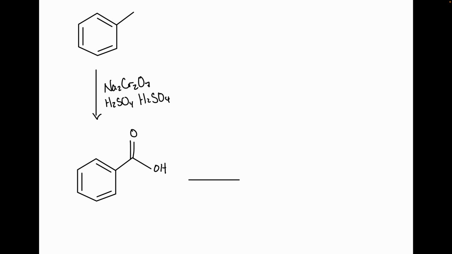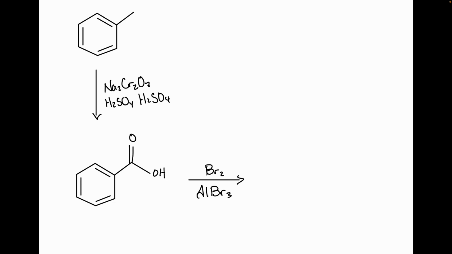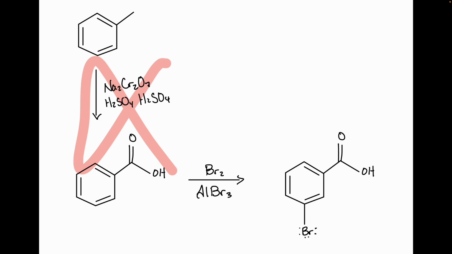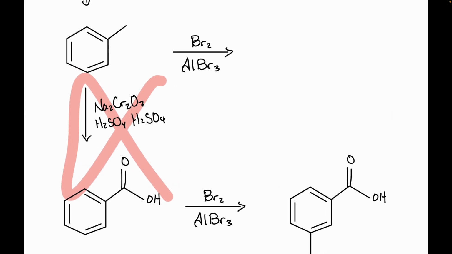Well, now, if I did my bromination reaction, where would that incoming bromine be directed? Into the meta position. And is that what I want for my final product here? No. So importantly, I'm not going to go this path. I'm going to first convert toluene, brominate it.